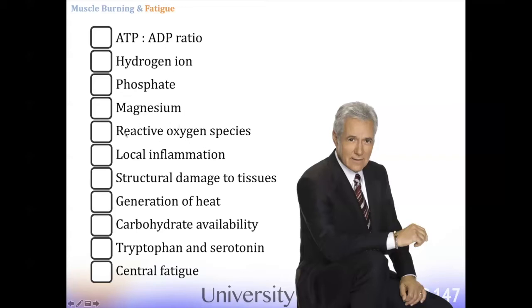And then magnesium, reactive oxygen species, or local inflammation. I'm not going to do justice to these, because they're weird and messy. We did a lot of inflammation earlier in sections 2 and 3. In section 2 we talked about what it looks like in the presence of injury or tissue damage, even just exercise-induced tissue damage, what goes on inflammatory-wise. We talked about it in section 3 for healing.